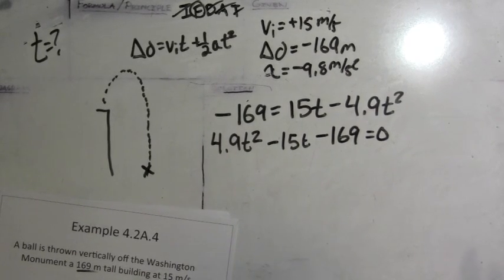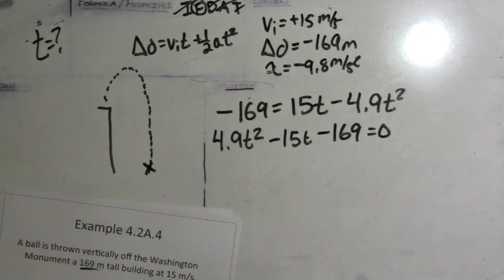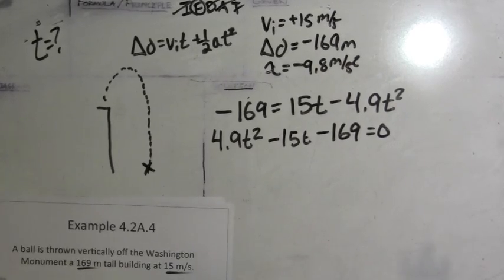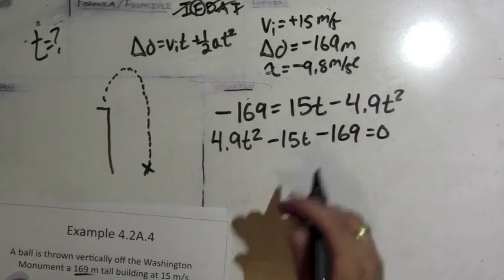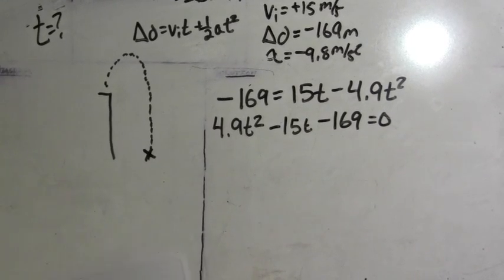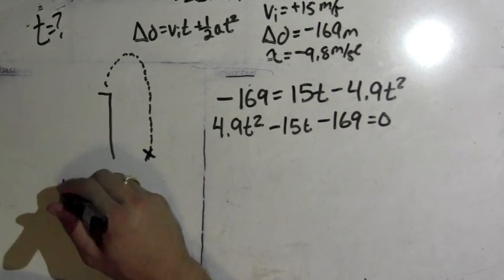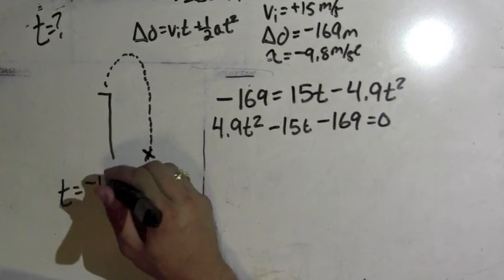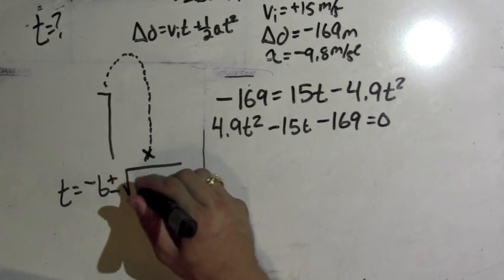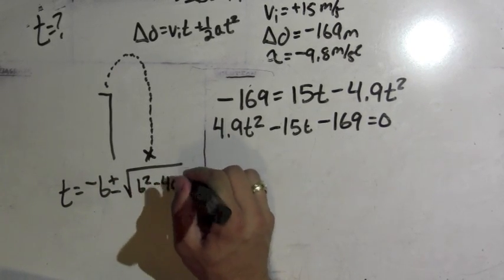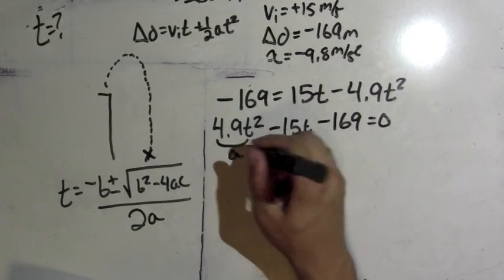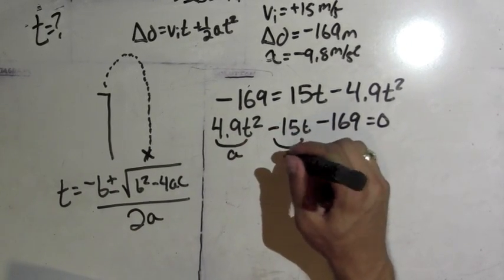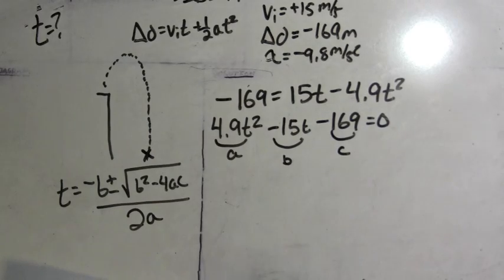Now you could, of course, factor this, but it's going to be almost impossible for you to find a common factor. So really what we're going to do is use the quadratic formula. The quadratic formula, remember, is x, in our case t, equals negative b plus or minus the square root of b squared minus 4ac, divided by 2a, with this term being a, this term being b, and this term being c.